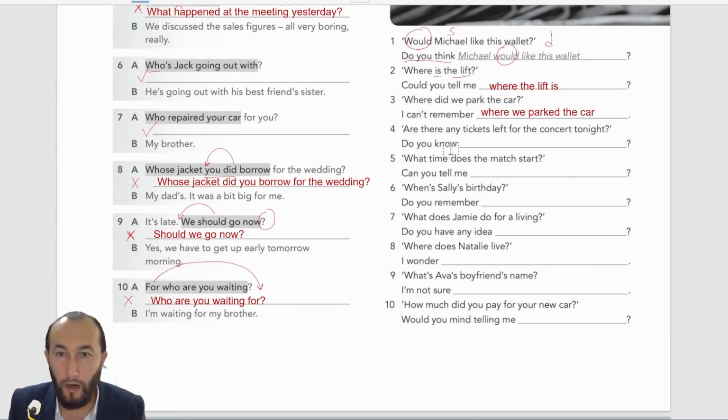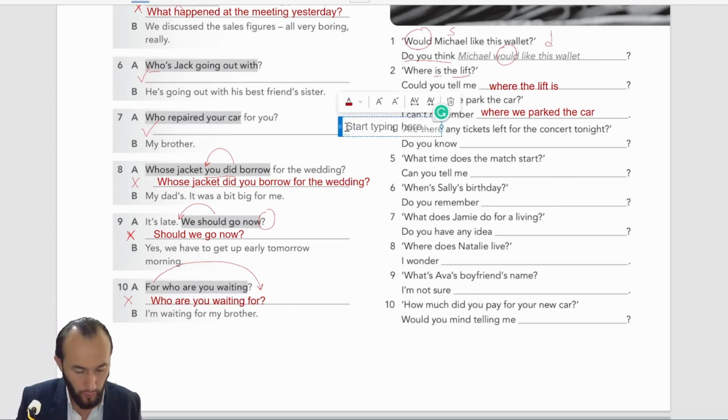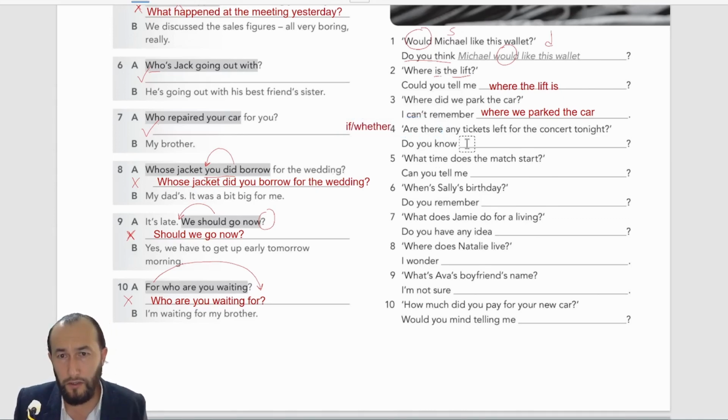Number four, are there any tickets left for the concert tonight? This is a yes, no question. Like yes, there are, no, there aren't. So when we have yes, no questions, and I want to make an indirect question, I should get help with if or whether, as I explained in the session, right? Let's use if here.